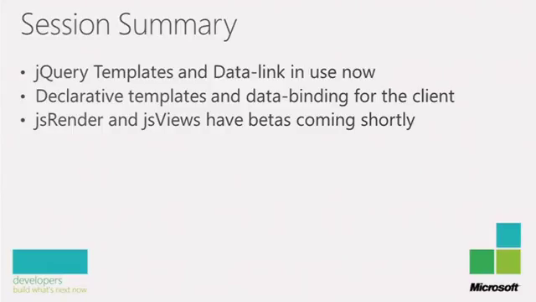A library that can leverage these templates for its rendering, but also provides a whole kind of model, view model paradigm for doing JavaScript development, allowing you to have observable collections and observable items and things like that. So something that has been built and is out there today is going to look similar to JS Render and JS Views. They've taken some slightly divergent approaches on some things, but they'll both kind of get you there in terms of data binding and templating.